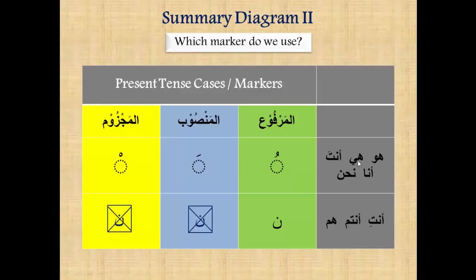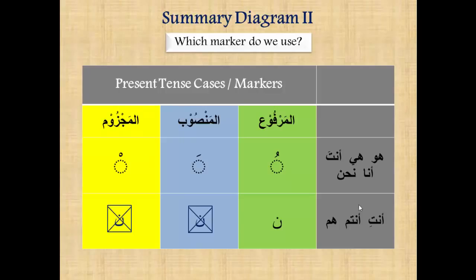Huwa yaf'al, hiya taf'al, anta taf'al, ana af'al, nahnu naf'al. The verbs conjugated for these pronouns take the dhamma, fatha, and sukun markers for the marfu', mansub, and majzoom respectively. So these verbs take the short vowels, the harakat, dhamma, fatha, and sukun.